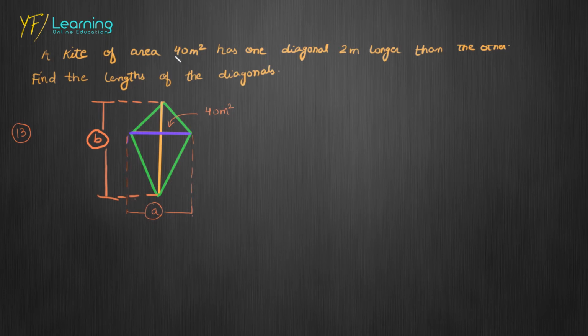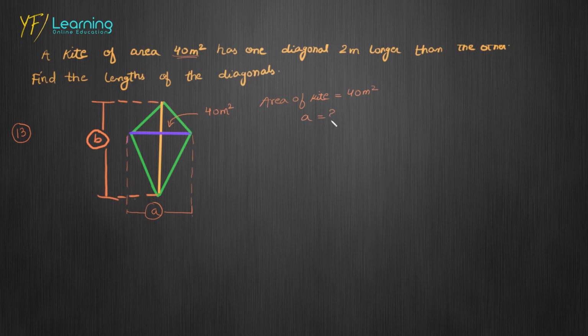What we know here is the area of this kite, which is 40 meters square. Area of kite is given: area of kite equals 40 meter square.